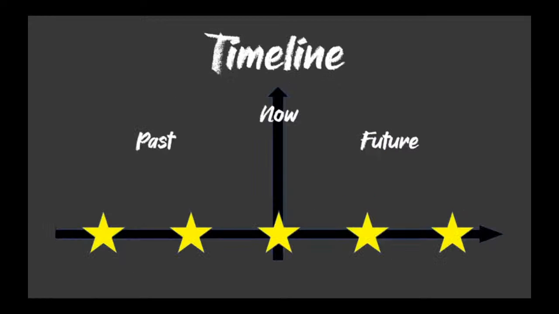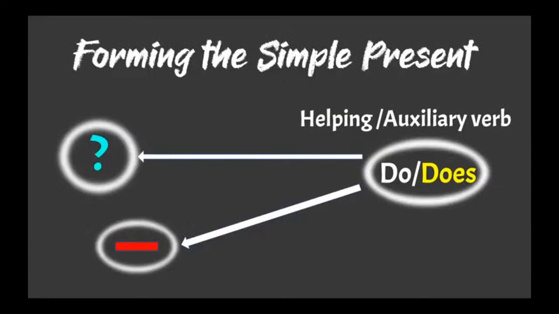So let's look at the timeline. The yellow star represents the present simple. So you can see it in the past, now, and in the future. But why is that? Well, I will explain in a minute. Let's first take a look at forming the simple present or the present simple.